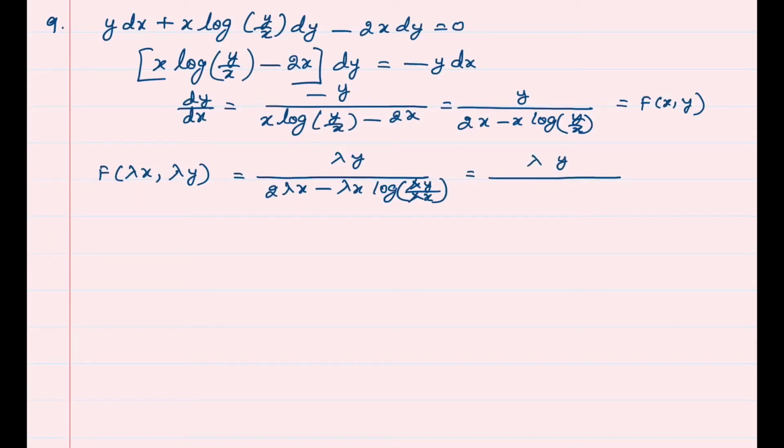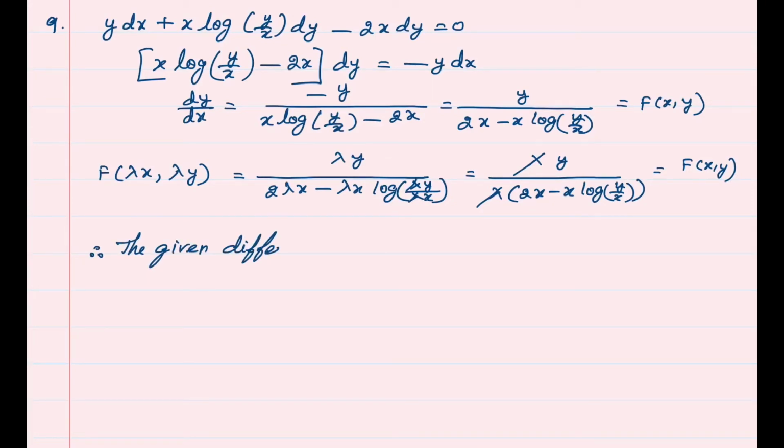Lambda is common in the denominator. We get 2x minus x log y by x, which is f of x, y. Therefore, the given differential equation is homogeneous.